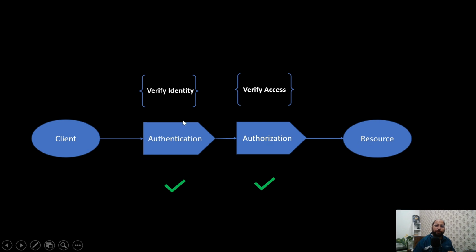So first what we will be doing, we will be entering our credentials by which the server will be verifying our identity if we are the valid user. After we have entered, and if we are trying to now access a particular course, if we have purchased, we will be able to view that particular course. If we haven't purchased, we won't be able to view that course. So this process is known as authorization, right?